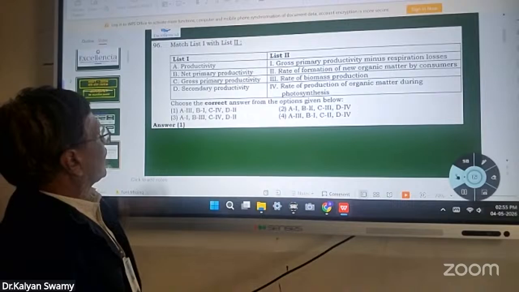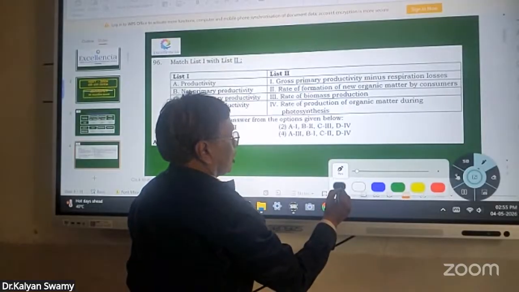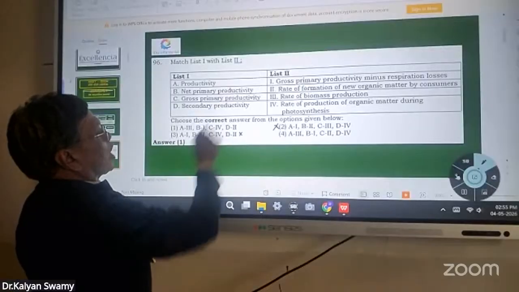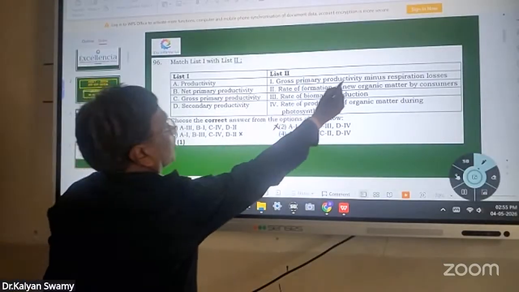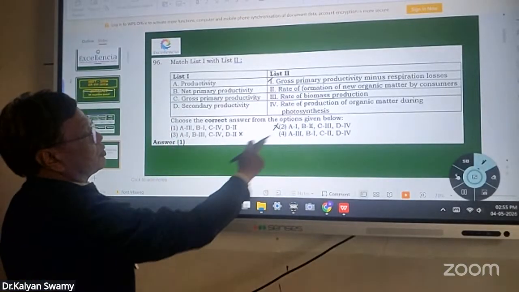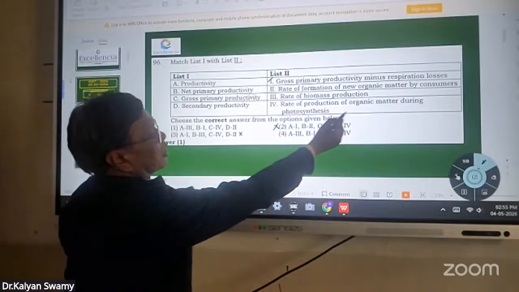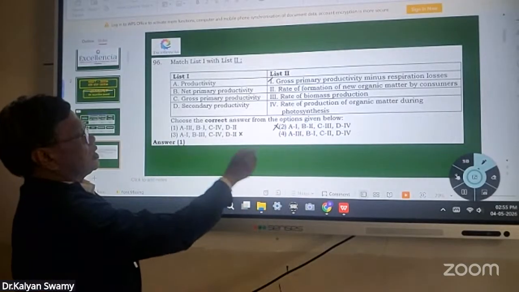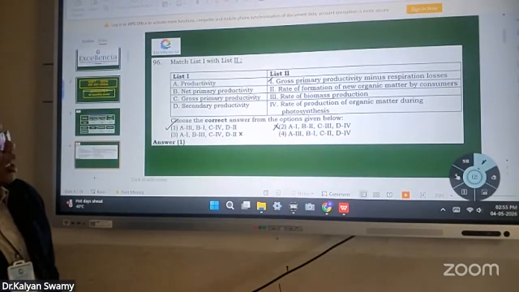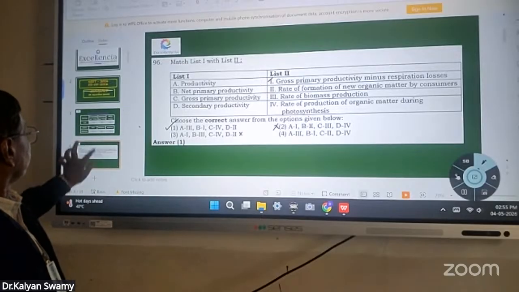That is option 3, so immediately strike off these two as wrong. Net primary productivity is gross primary productivity minus respiration loss, so option 3 and option 1 are both there. Gross primary productivity is the rate of production of organic matter during photosynthesis, that is option 4. Here option 2 is wrong. Without going to the fourth option, we can answer. In this way, we can save time.